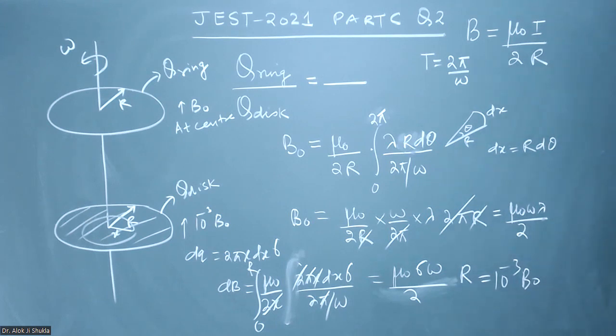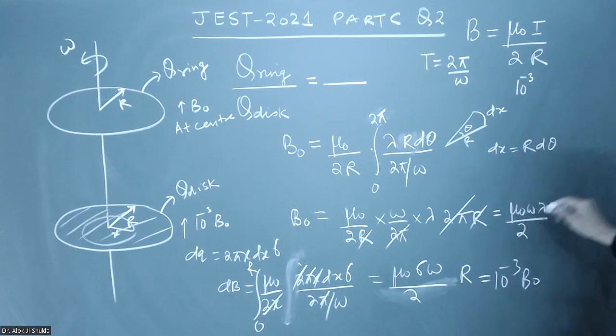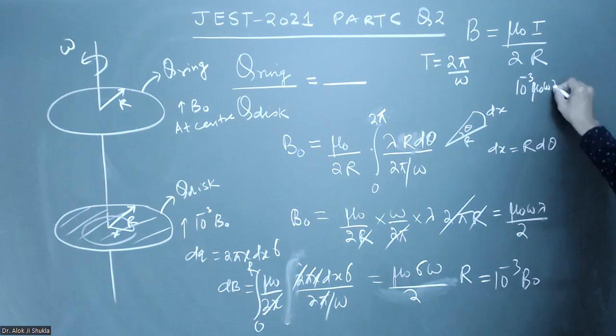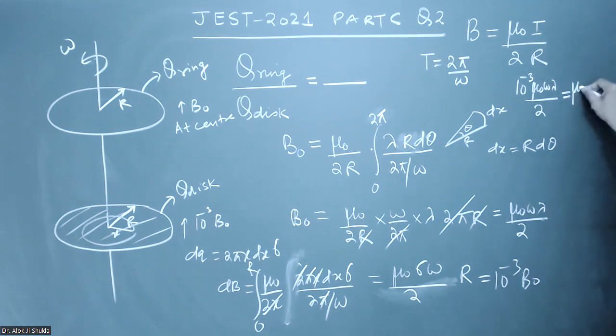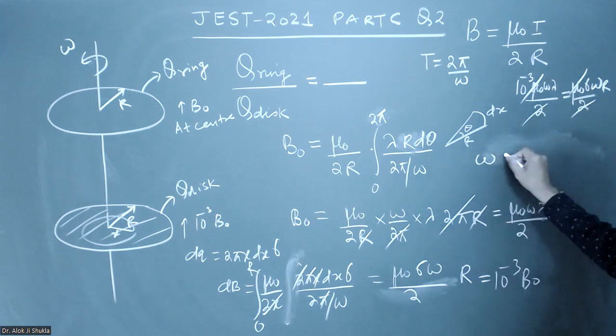So 10 to the power minus 3 into mu naught omega lambda by 2 is equal to mu naught, sigma omega by 2, into R. Mu naught and mu naught cancel, and 2 and 2 cancel. On this side, what is lambda?